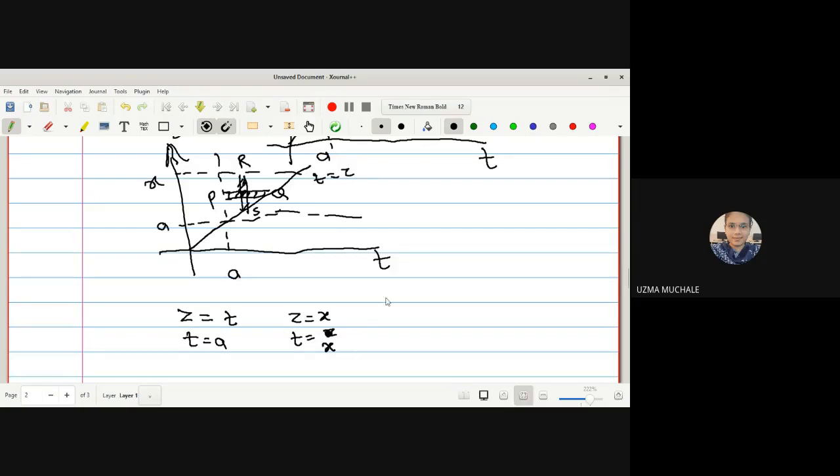Initially we had Z equal to A to X as limits of Z, and limits of T were A to Z. Now it has changed to T from A to X and Z from T to X.